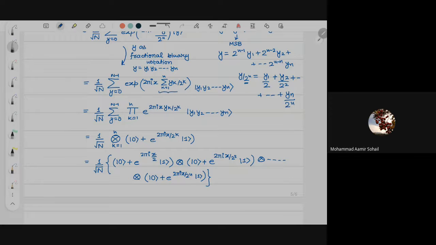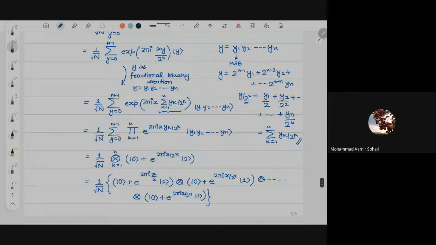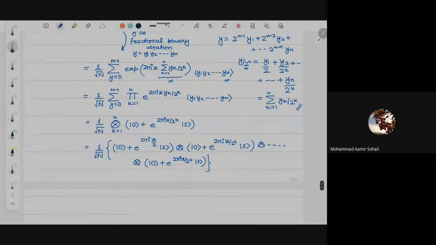but instead of y by 2 raised to n, we are writing the summation over k equals 1 to n of yk divided by 2 raised to k. We have expanded this in the form of binary notation, y1 to yn, which is the binary representation of y by 2 raised to n.